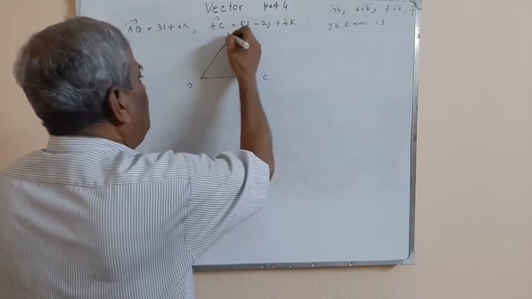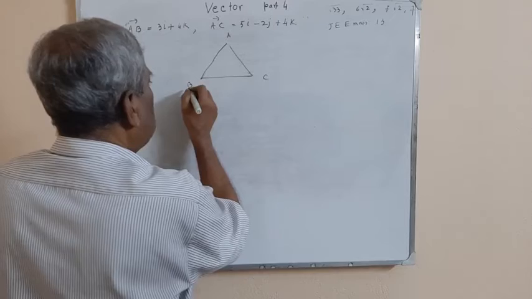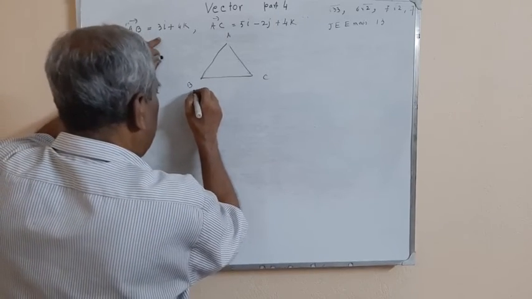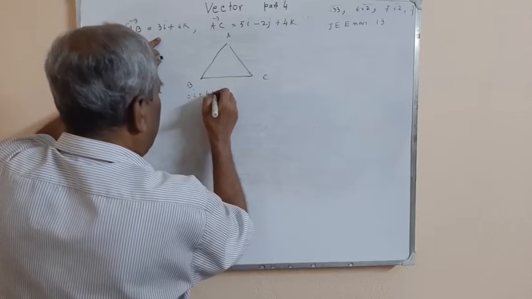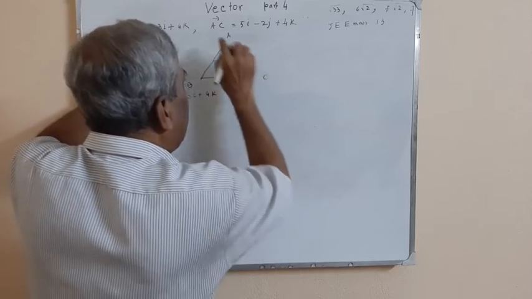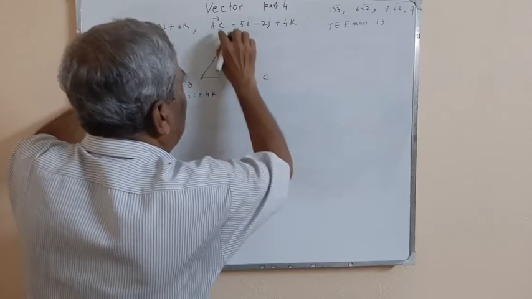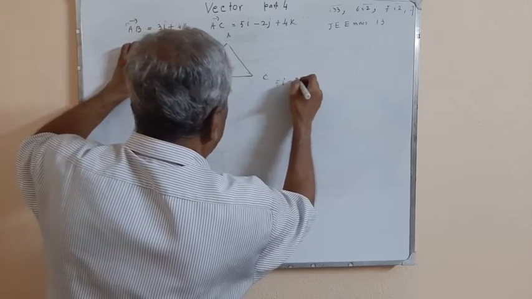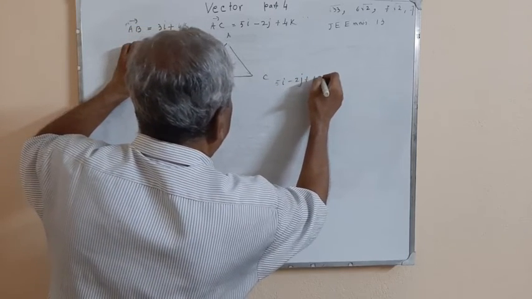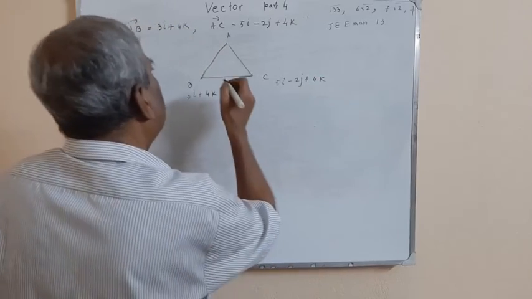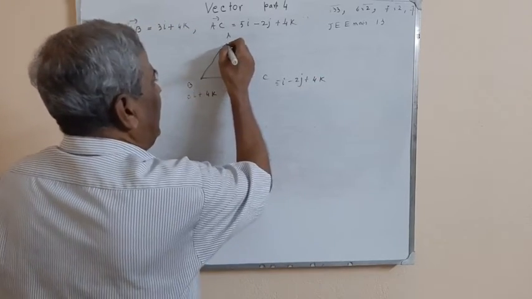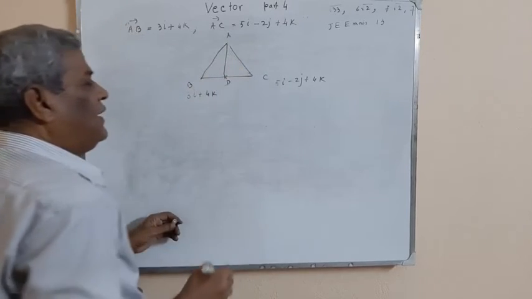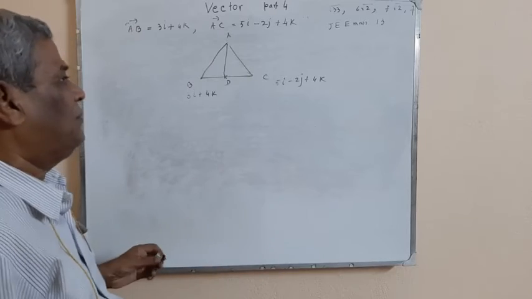So AB vector, the position vector of B, is 3i plus 4k, and because A is the origin of reference, the position vector of C is 5i minus 2j plus 4k. Now we have to find the length of the median through A. If D is the midpoint of BC, then we have to find the length AD.